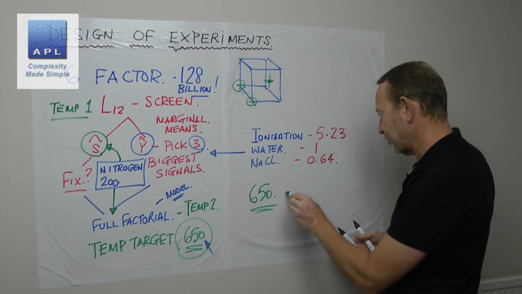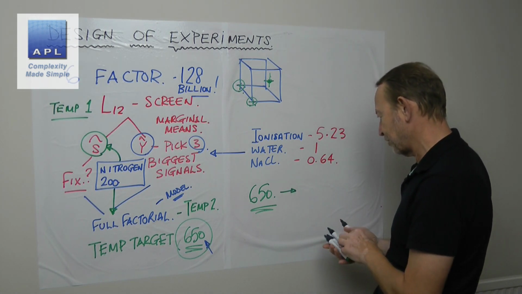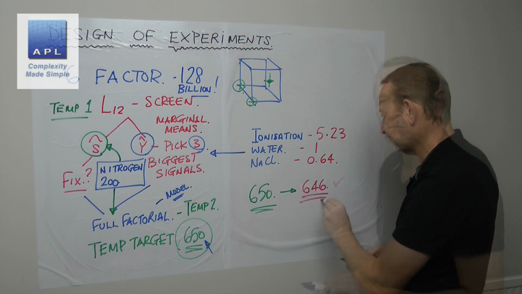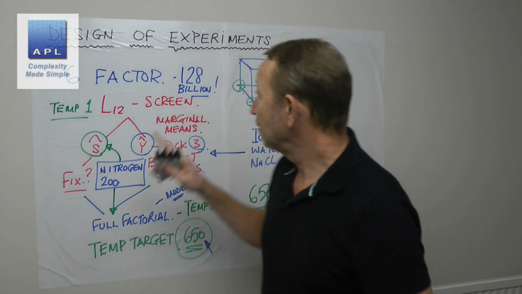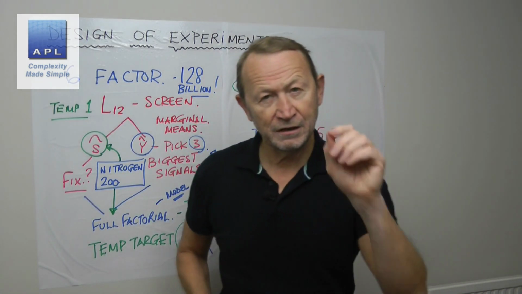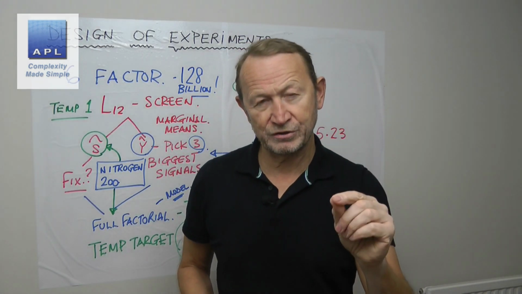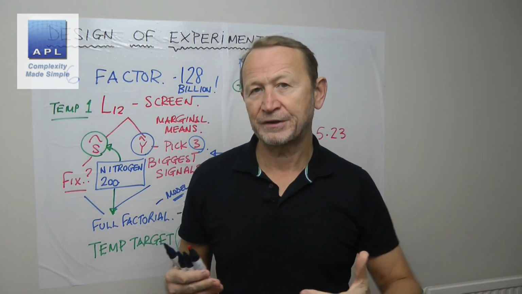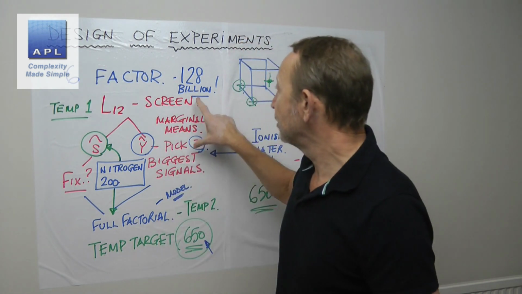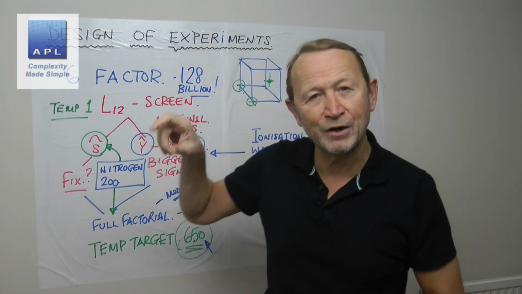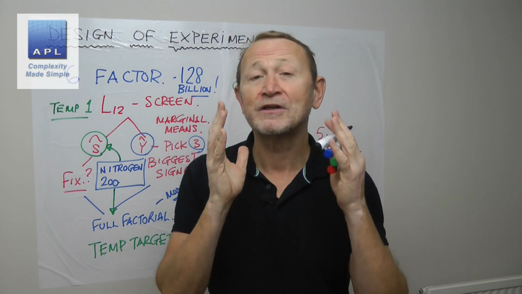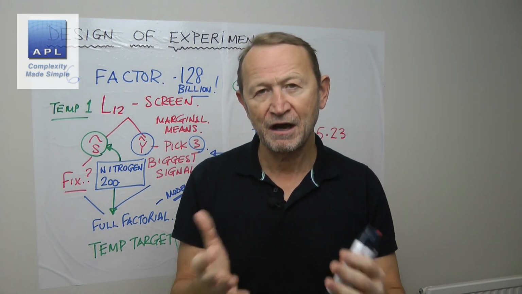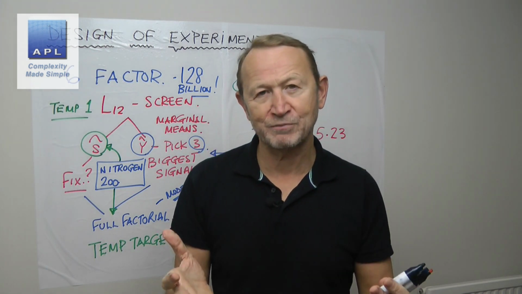What did we say we hit? So 650 was the prediction. We hit 646. Works pretty well. I'll say it again. How else could you do this? Nobody, if you're working inside a company and you have systems that are as complex as this, and by the way, you have systems that are more complex than this, how else would you answer this problem?